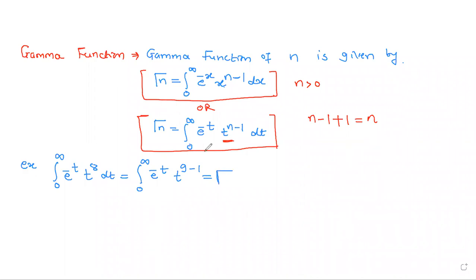Gamma function of n, so gamma function of 9. That means when the power of t is 8, there is gamma function of 9. How did you get this 9? By 8 plus 1. Power of t is 8 and plus 1, you will get 9 in the gamma number.